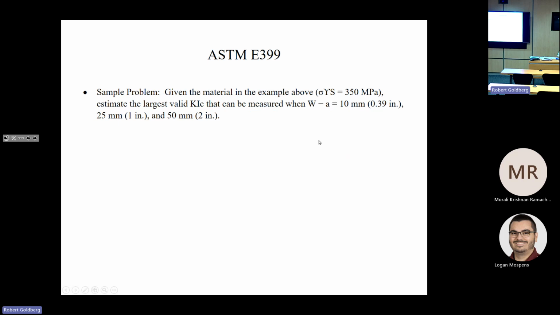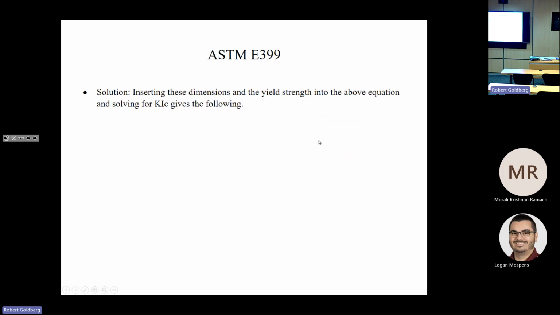And for this material, if we specify W minus A equal to 10 millimeters, 25 millimeters, or 50 millimeters, which are more realistic, then we can take that same equation that we just showed and manipulate it to get a valid K1C.